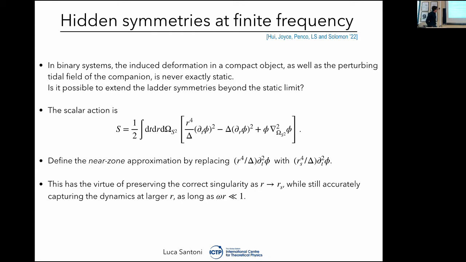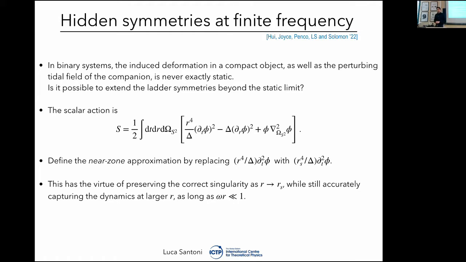Let me consider the action of a scalar field. Again, I'm doing everything for a scalar field, but I will mention how to extend to higher spins. Let's consider the action of a scalar field, which is this one. And let me define some near zone approximation. Let me replace this factor R with an RS.